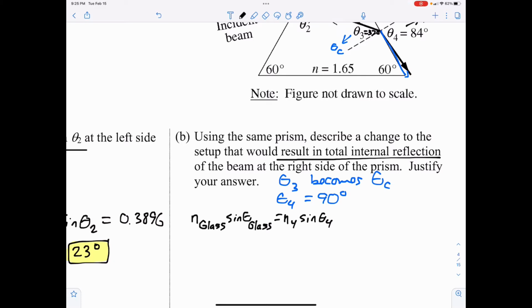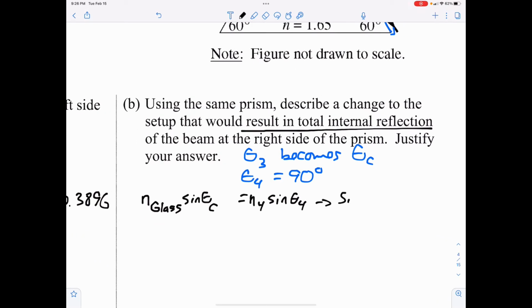So if we solve for that incident angle right there, theta 3, which is the same thing as theta c, sine of theta c would be equal to, excuse me, not n of the glass. It would be, because theta 4 becomes 90 degrees and sine of 90 is 1, n4 over n of the glass. There we go.